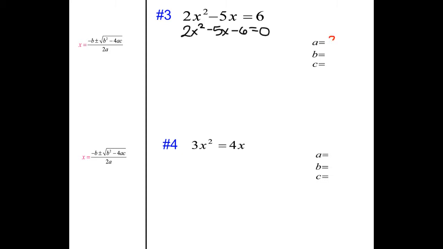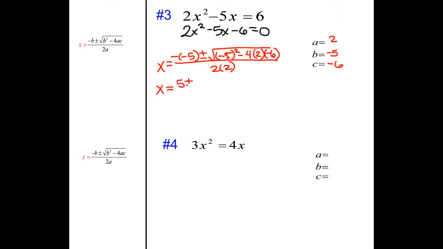Now from there, let's put in our pieces. Our a is 2, our b is -5, and our c is -6. So x equals -5 plus or minus a square root of -5 squared minus 4 times 2 times -6, all over 2 times 2. So it becomes x equals 5 plus or minus a square root of 25.